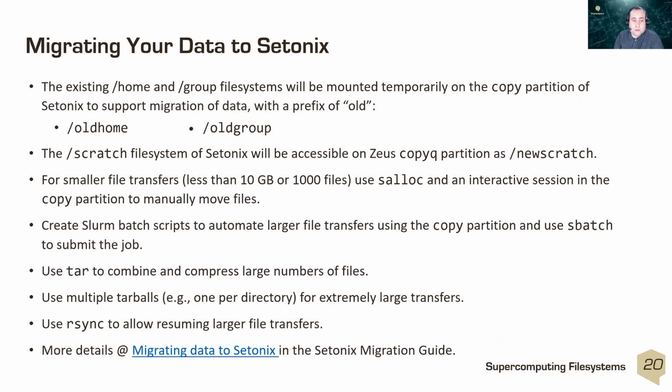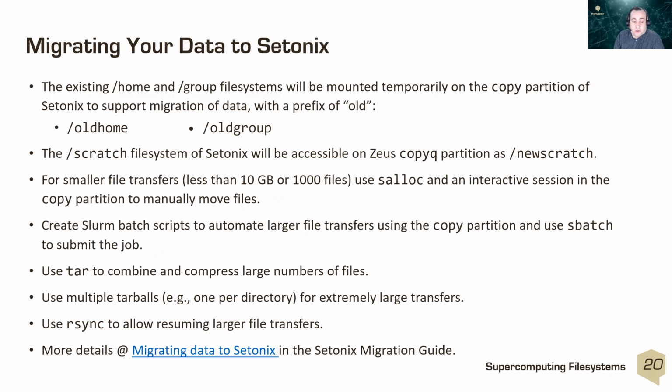And in a similar manner, the new Setonix Scratch file system has been mounted on the Zeus copy queue, and that's available as /new Scratch. And so if you launch an interactive session on the copy queue, you can transfer data across. Or if it's a larger amount of data that needs transferring, you can submit Slurm batch scripts to do those copies for you.